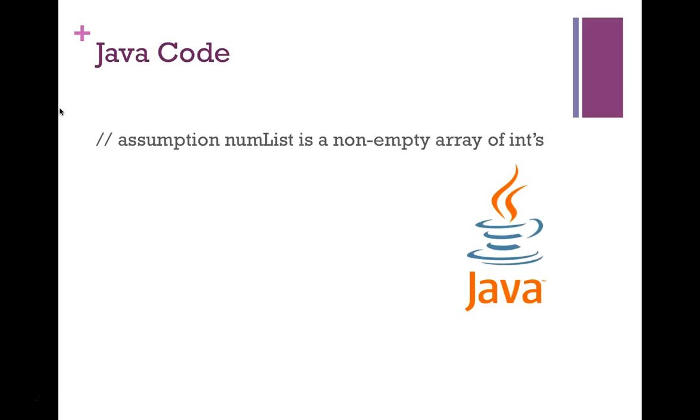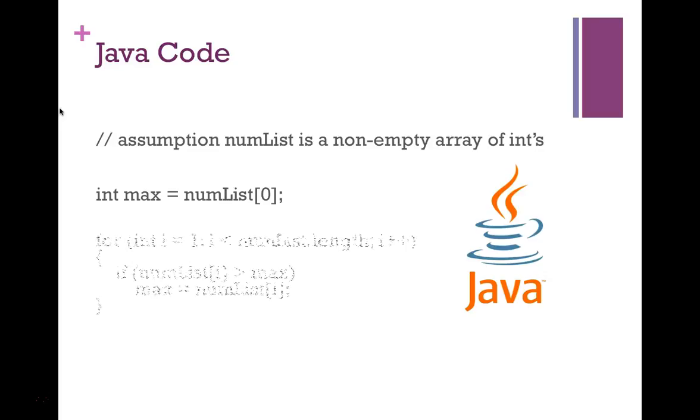Let's look at how we would code this in Java. We're going to have a list of integers called numList. And we're going to assume that it's non-empty, so there is at least one value on this array. We're going to set the maximum to be numList sub 0, the 0th number on the list. Then we're going to set up a loop. We're going to go from 1 to the end of the list, numList.length, and we're going to check if numList sub i is greater than max.